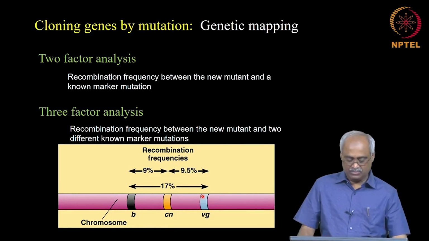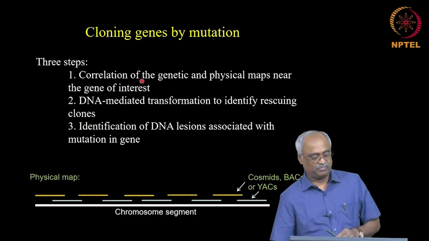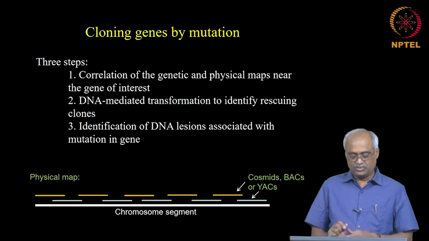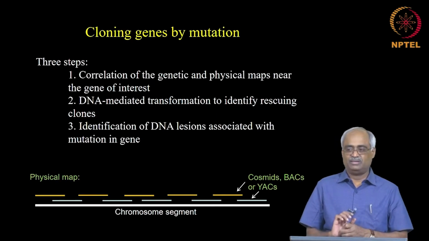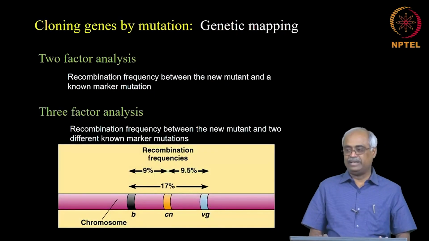So, what people do after this is, okay, this is what we do next. Before we go into this, I need to introduce what is called a genetic map and a physical map. So, this is a genetic map.